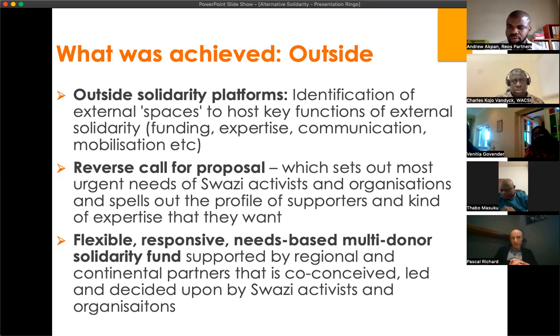This fund needs further consolidation, looking again at how to arrange it on the practical side, but also on the decision-making side, so that the fund is really decided upon by Swazi communities, activists and organizations, meeting their needs as a whole, and not on a sectoral or individual basis. So those were some of the things we were able to achieve over the past period.